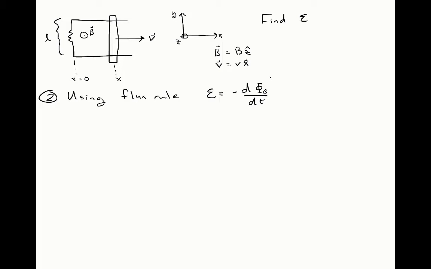Lenz's law says we want to resist that change, so the induced current should make the magnetic field go into the page. To make that happen, you want your fingers curling into the page inside the loop, which means your thumb is pointing around the loop clockwise. So that tells you your EMF should go clockwise. That's the general wire right hand rule.